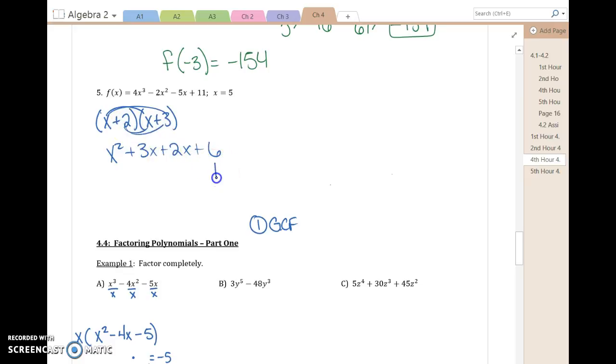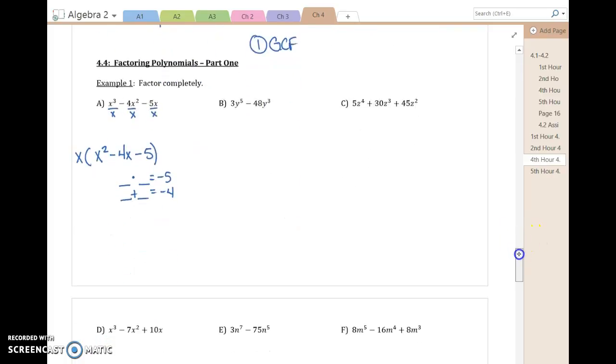Notice that the 6, we got that by multiplying the 2 and the 3. The 3x and the 2x, which would be the 2 and the 3, we add those together to get the 5x term in the middle. So try multiplying out two binomials, and that will help you to remember that you are multiplying to get the last number and adding to get the middle number.